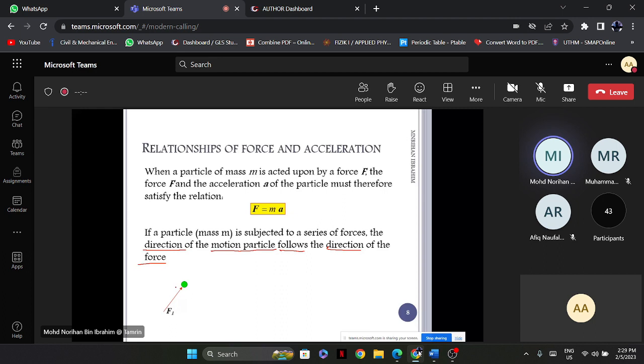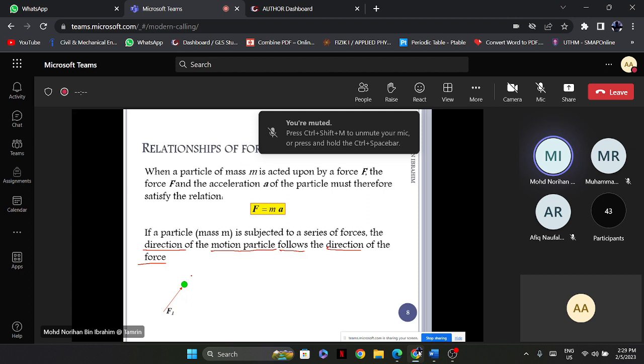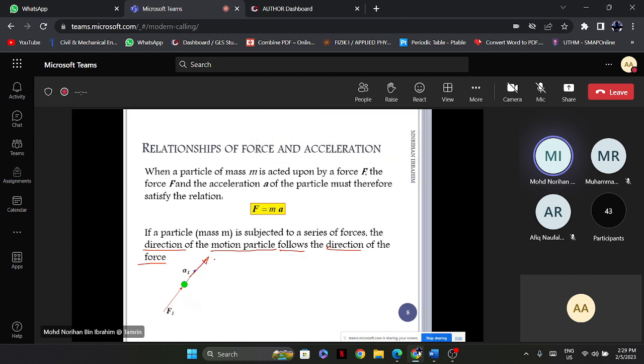If the direction of force is simply like this, the motion will be in this direction as well, the same. In this case it will have an acceleration of a1. F1 we have an acceleration of a1. Let's say we consider that this particle has the mass of m, for example. Then it can be related directly with this equation of F is equal to ma. So F1 is equal to ma1.